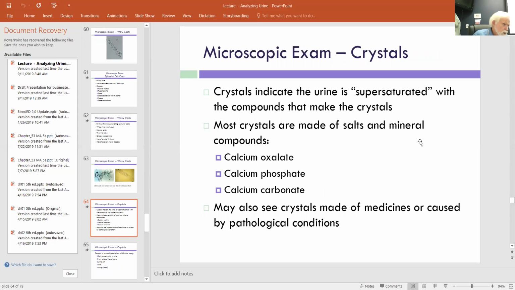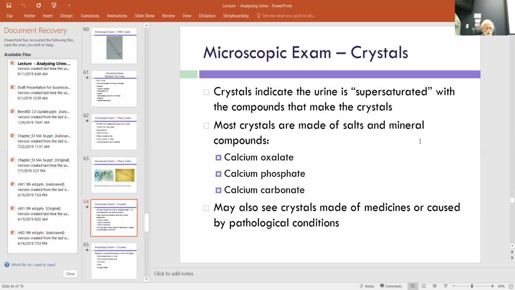Crystals. Crystals form when the concentration of the compounds that make the crystal gets high enough that they can't stay in solution. A lot of times crystals can form actually in your sample, especially if you've set it aside and refrigerated it, if there's a high concentration of these salts.